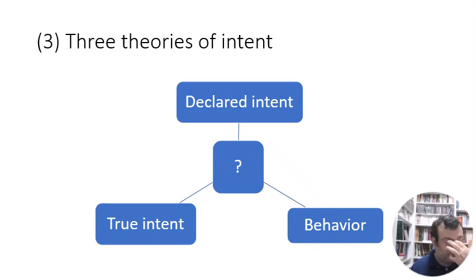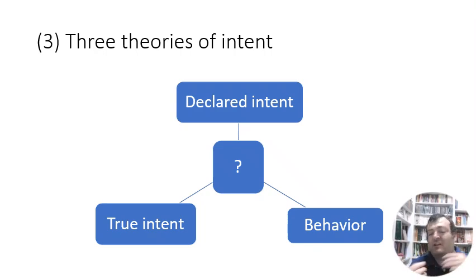You may remember it from contract law, but there are three models when it comes to defining what we mean by will or intent. يعني شو المقصود بالإرادة؟ هل هي الإرادة المعلنة declared intent, or is it the true intent, or is it behavior? يعني we should rely on behavior rather than on declared or psychological investigation of the mind. And when we speak about declared intent, it means that whatever you declared will be considered.